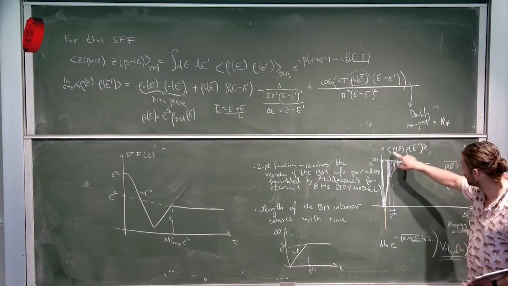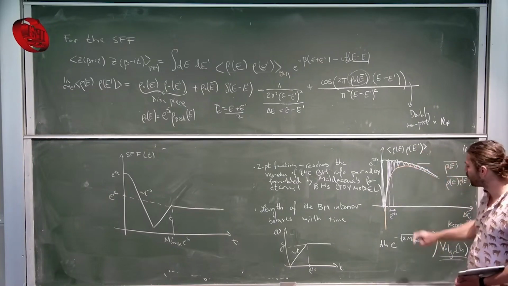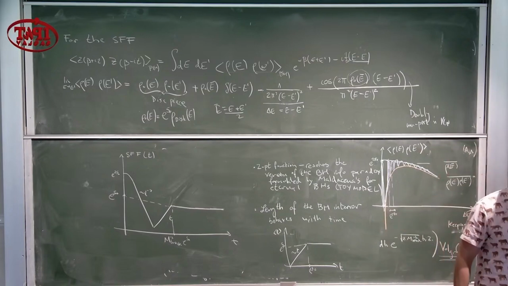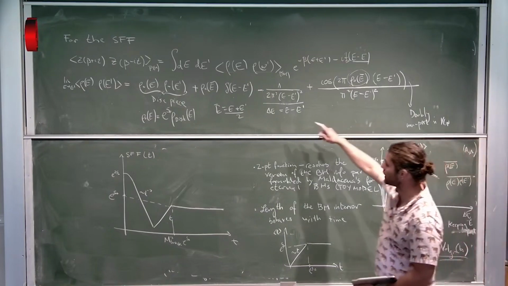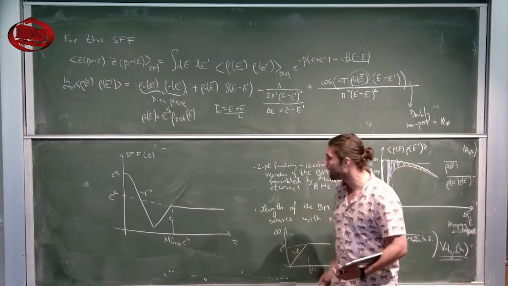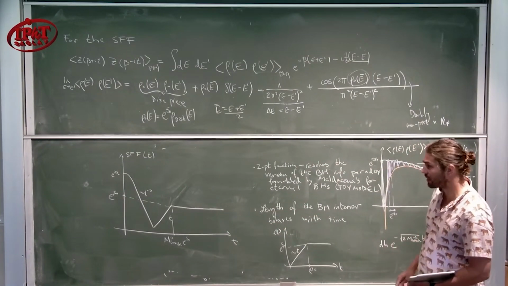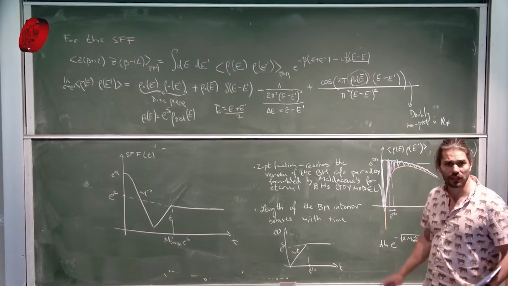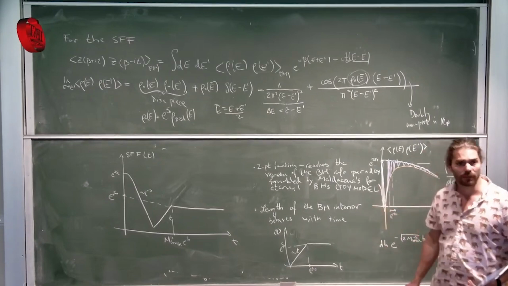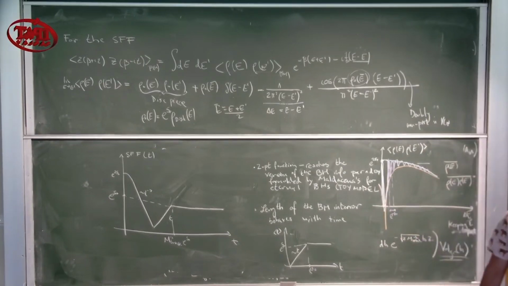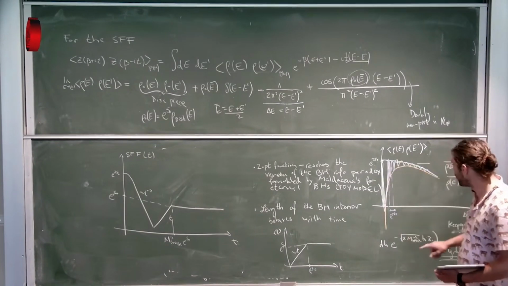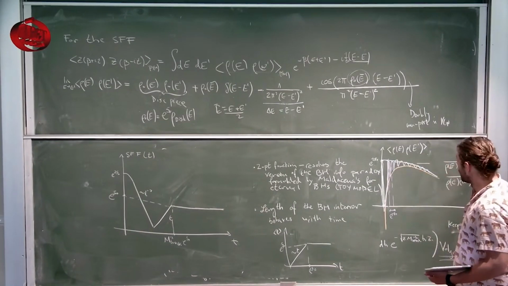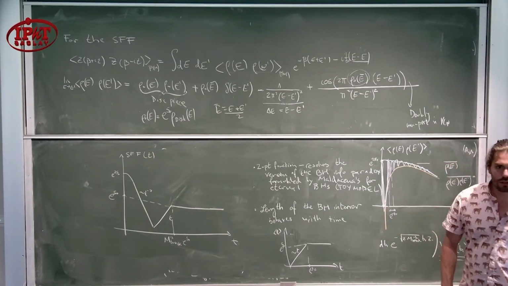Namely of the fact that this rho of E prime correlator goes to 0 as delta E goes to 0. That wasn't that important for the spectral form factor. For the spectral form factor, one actually only used that this rho of E prime correlator goes to a constant as delta E goes to 0.